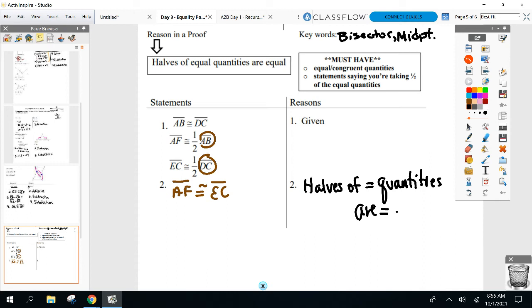You need to say you have congruent quantities, check, and you're taking half of them. So basically, I gave you everything you needed. But next proof, you're going to have to write it down yourself. Anything you want to ask before we got one more? One more? Yeah? Okay.